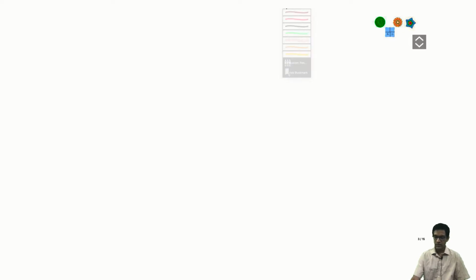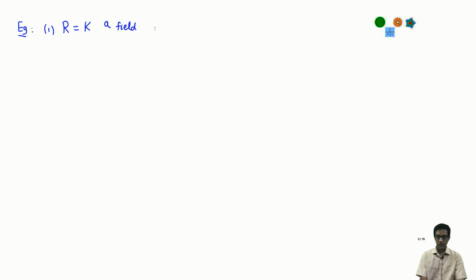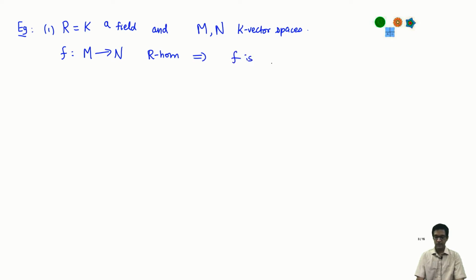Now, let's look at examples. This must be a familiar notion from linear algebra, a map which preserves addition and scalar multiplication. This is what we call a linear transformation, right? So if R is K, a field, and if M and N are R modules, therefore they are K vector spaces, then a homomorphism is exactly what we would call a linear transformation. f from M to N is an R homomorphism means that f is a linear transformation of these two vector spaces.